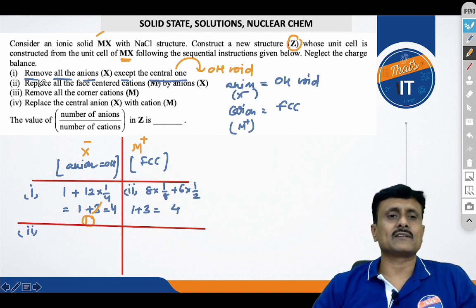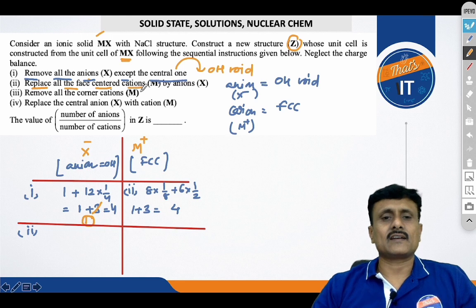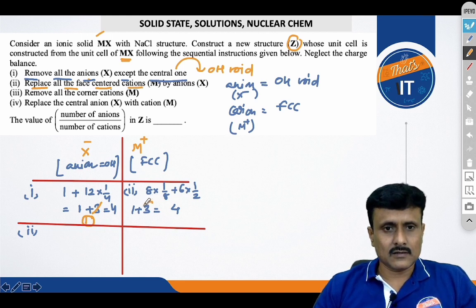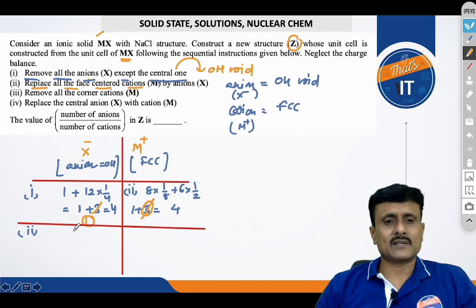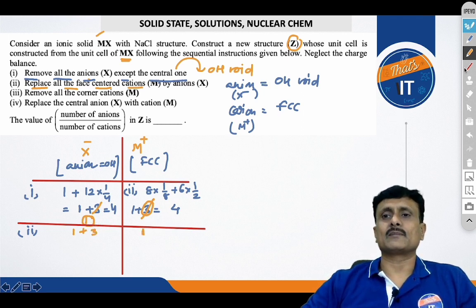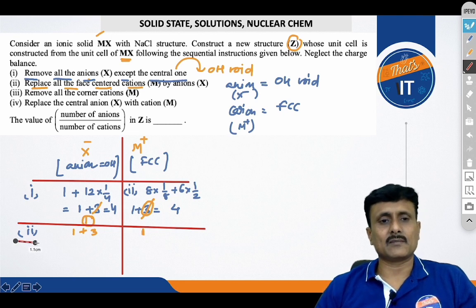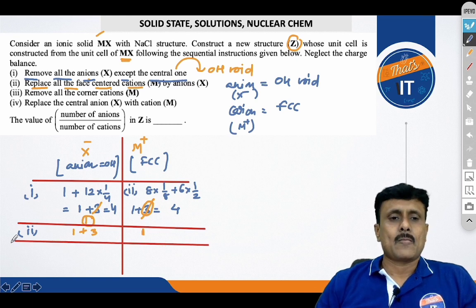In the second step, you replace all the face centered cations by anions. So the anions have become 1 plus 3 and the cations have become 1. Replacement means the number of anions increases and that of cations decreases, isn't it? Beauty. In the next step, you see what you are doing.